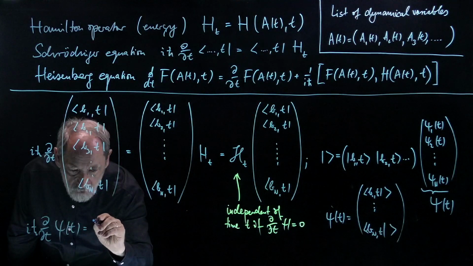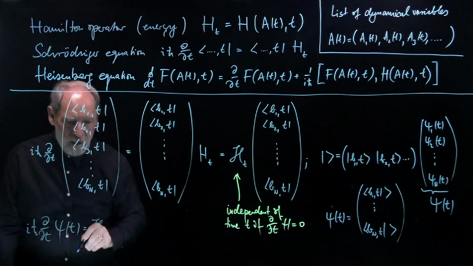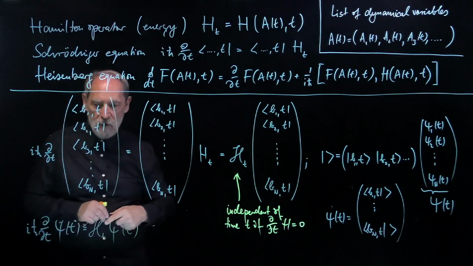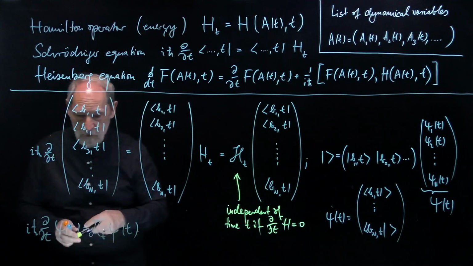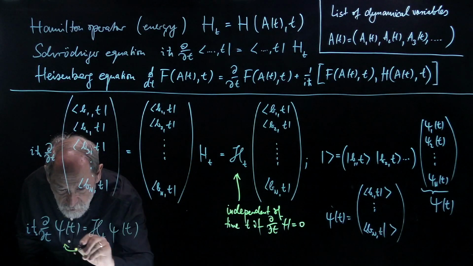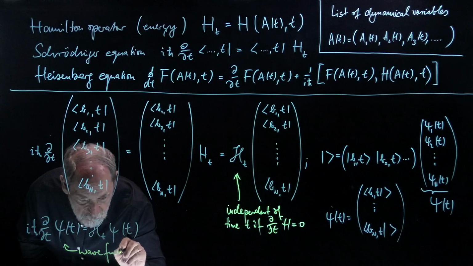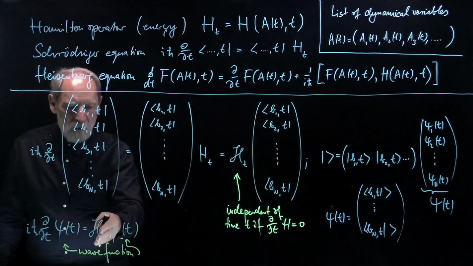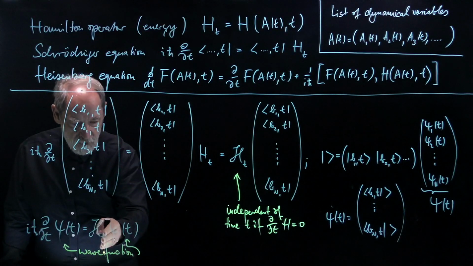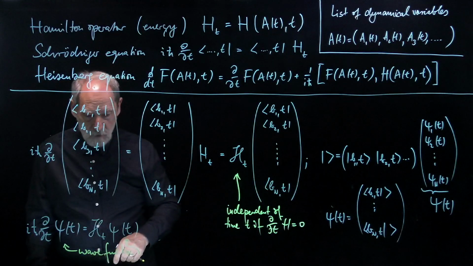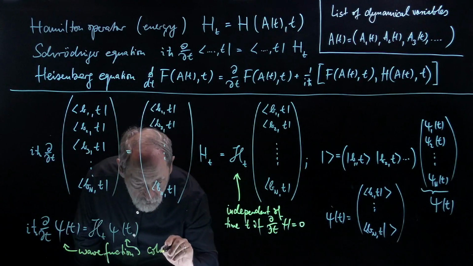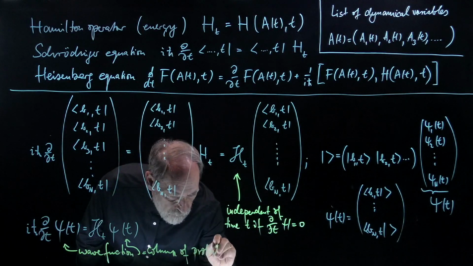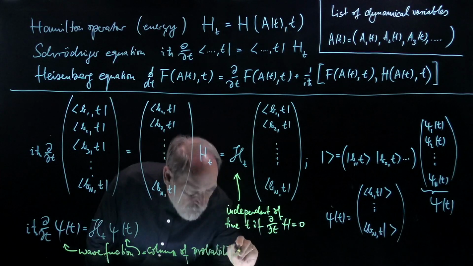So this is equal to the matrix that represents the Hamilton operator, multiplying this column of amplitudes, multiplying this wave function. So here we have the time derivative of the wave function equal to the matrix representing the Hamilton operator applied to the wave function, the column of probability amplitudes.